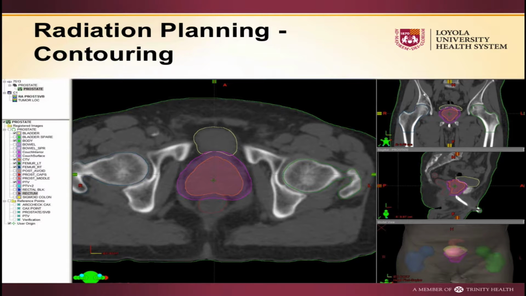So when we are treating a patient, we will do a CAT scan, get the patient in the treatment position, and then the doctors will work on the computer to outline the targets, the area that we want to treat. So in this case, the prostate, with a little bit of margin around it. And then we'll outline the rectum and the bladder as well as our organs at risk, what we're trying to spare, femurs as well.